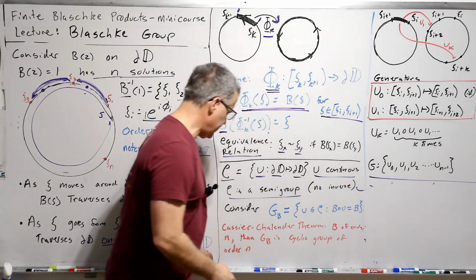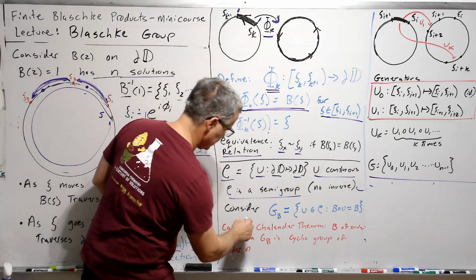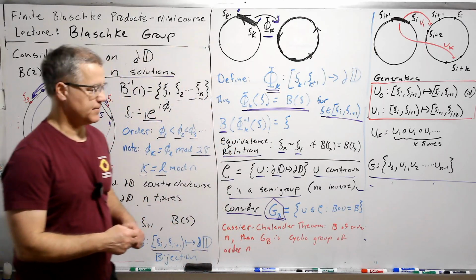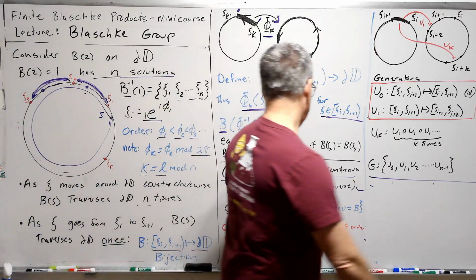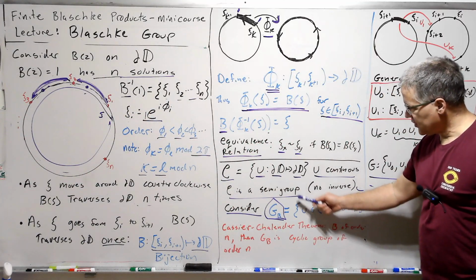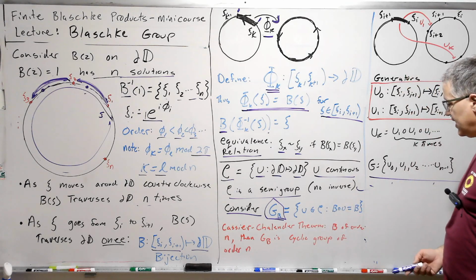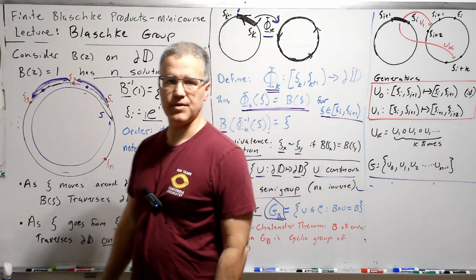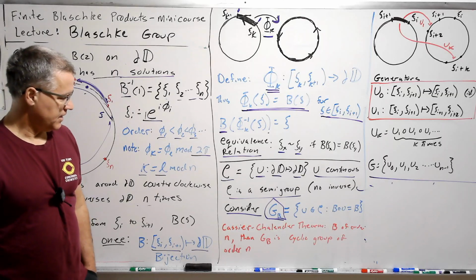But what we're going to do is restrict the set now. We'll call this set GB, the Blaschke group, the set of all continuous functions such that when composed with the Blaschke product, we get the Blaschke product.